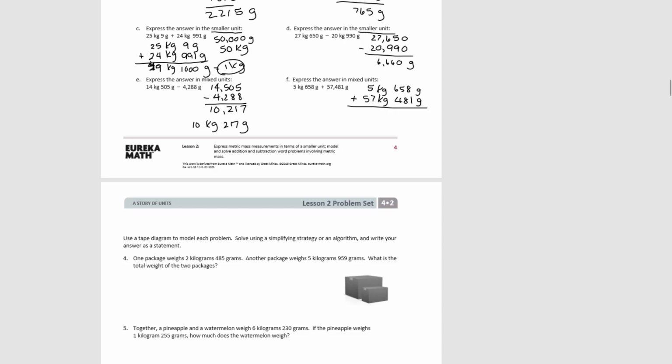If we add the grams together, we get 1,139 grams. We can rewrite this as a kilogram. So we have 62 kilograms plus 1 is 63 kilograms and 139 grams.